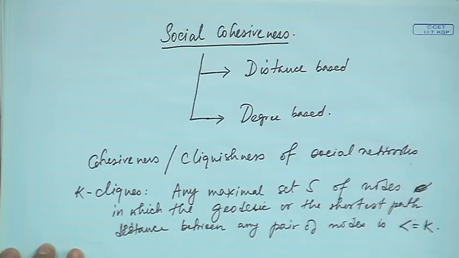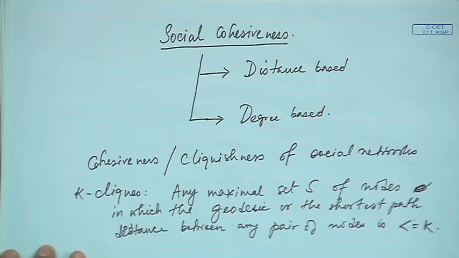So, that is the definition of a K-clique. In this type of graph, take any pair of nodes, the shortest path distance between them is bounded by k. That is from where the name K-clique comes in. So, we will take an example and see.